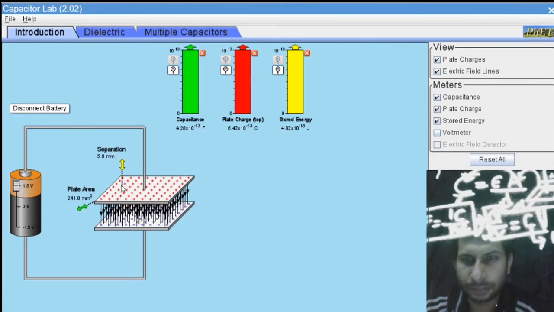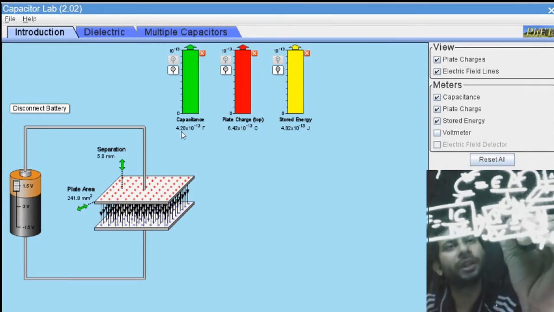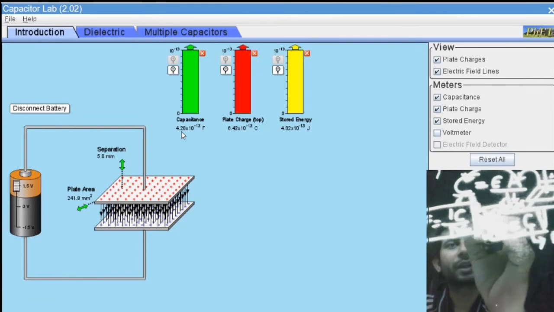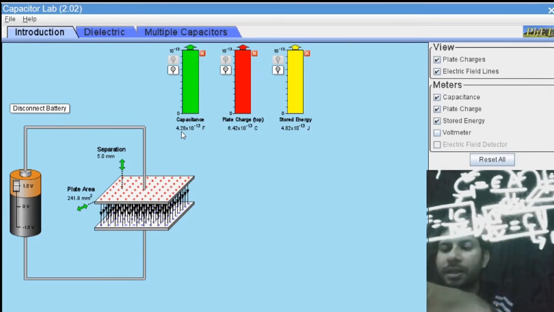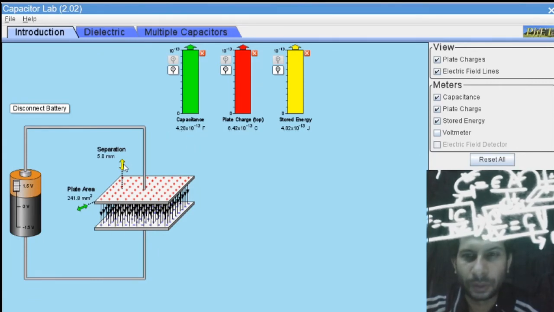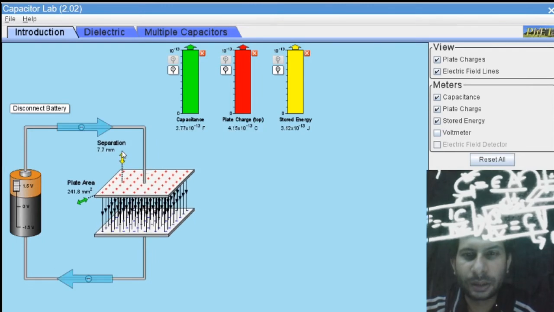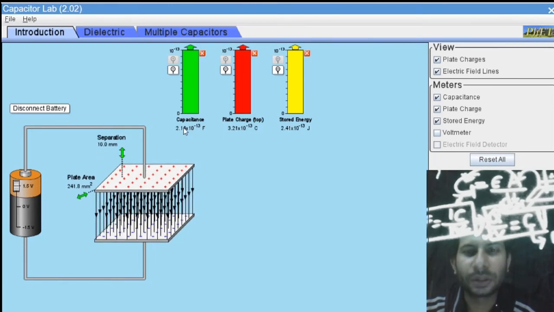If we decrease the parallel plate separation D, then the capacitance is going to increase from this formula, as you can observe here also. If we increase the separation, then the reverse happens to the capacitance. It comes down to 2.14 into 10 to the power minus 13 farad.